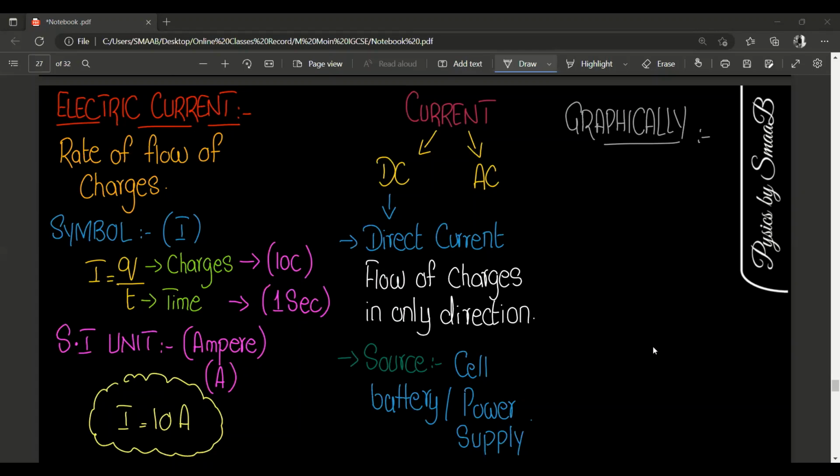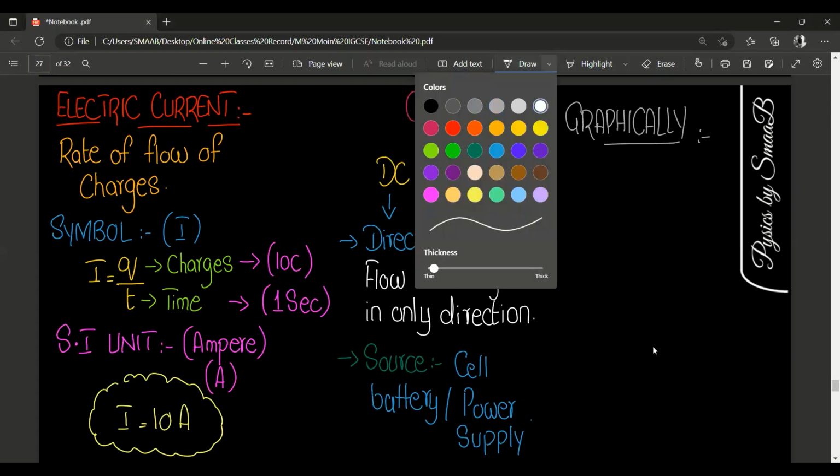When we plot the graph for DC, we are not going to discuss it in detail in this chapter, but we need to know the basic representation of the graph for DC.